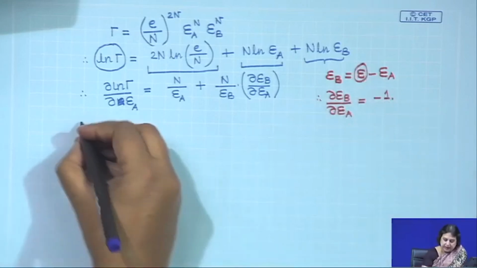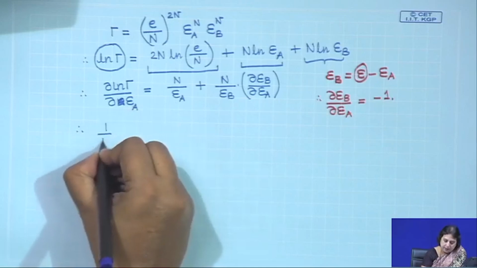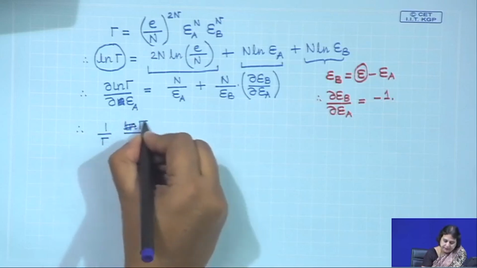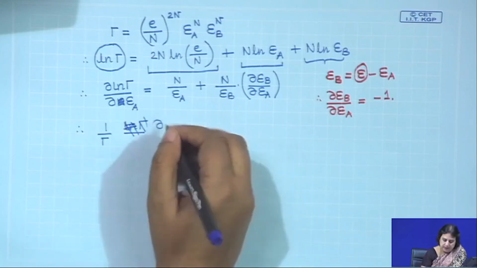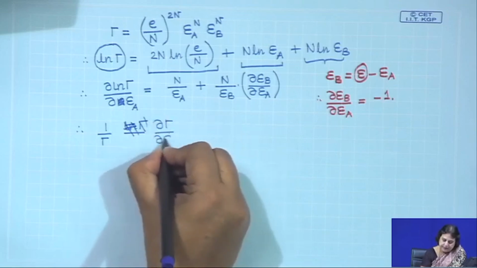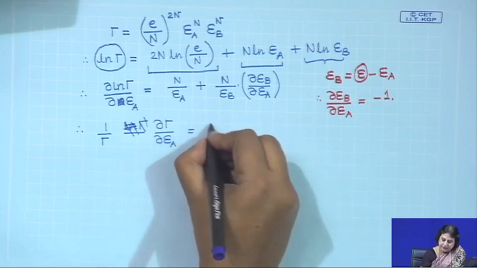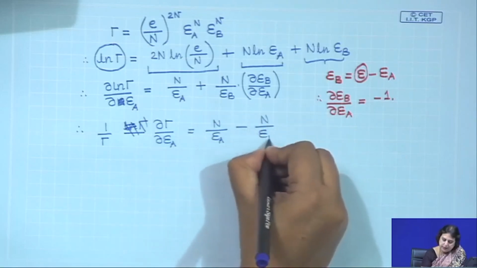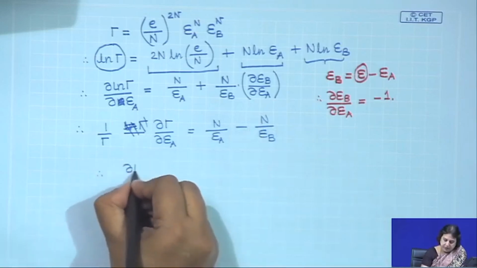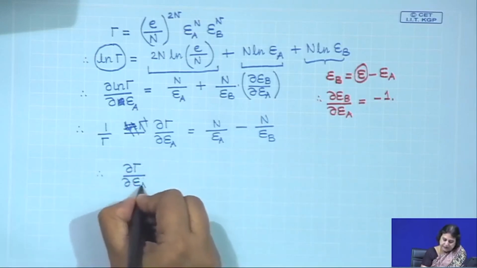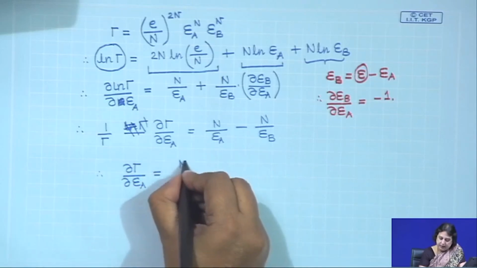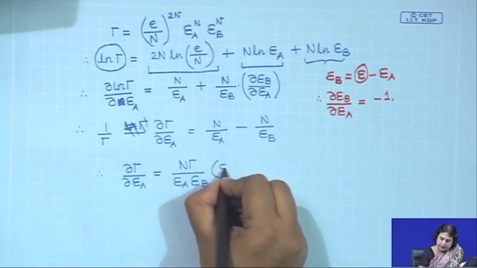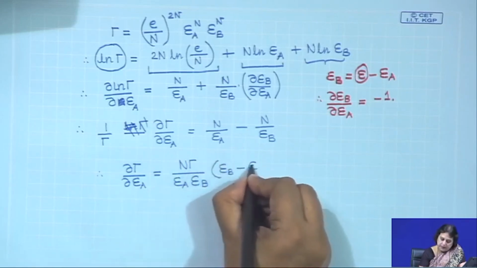Therefore, using this, I can now simplify my expression as 1 by gamma del gamma by del epsilon A, which is given by N by epsilon A minus N by epsilon B. If I do a little bit of algebra, what I am going to get is N gamma divided by epsilon A into epsilon B, times (epsilon B minus epsilon A).